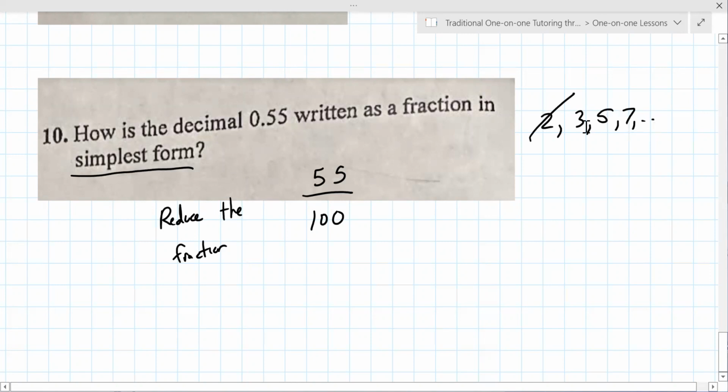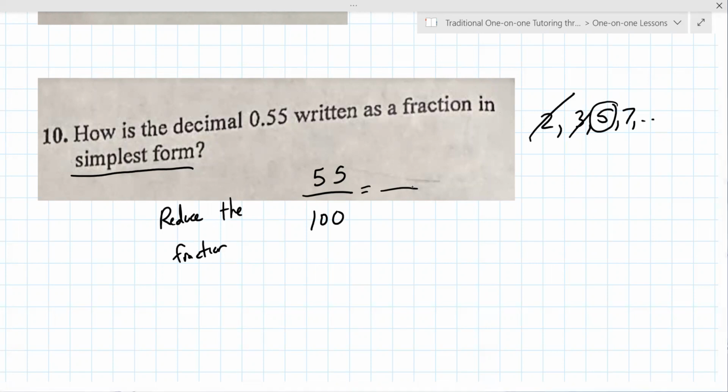How about 3? Can you divide 55 by 3? 55 is not divisible by 3. I thought you could get close. You would have gotten 54.